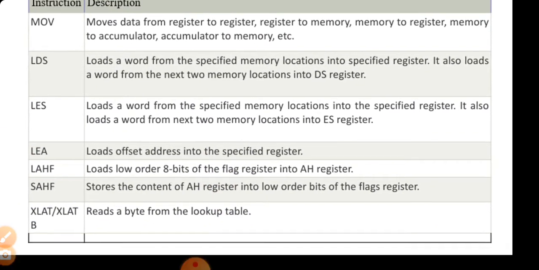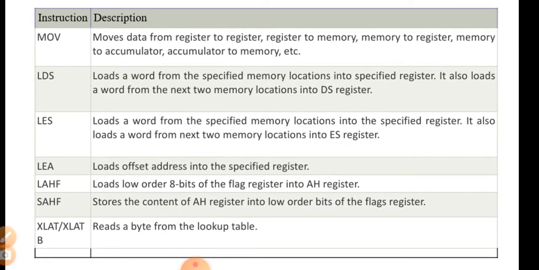Now the SAHF and LAHF instructions. Here we load the low order 8 bits of the flag register into the AH register. We already know that there are AX, BX, DX registers in the general purpose registers.